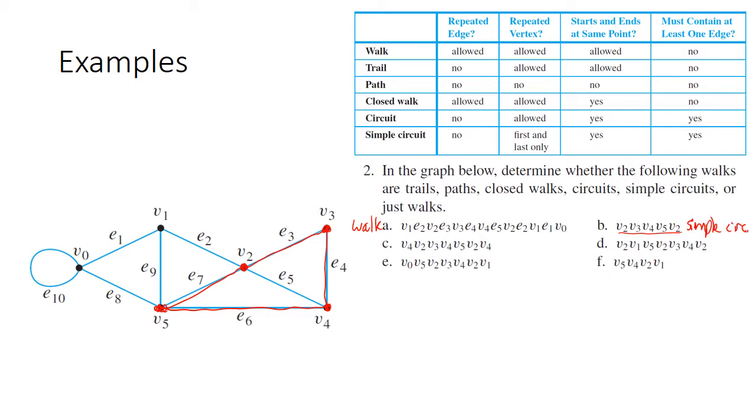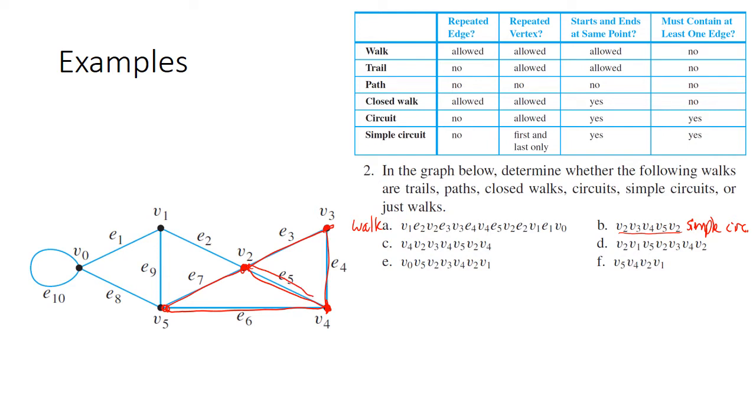Okay, let's look at part C. Okay, so part C, I start at V4, and then I go to V2, so I must have gone up there, and then I'm going to go to V3, so up there, and then I'm going to V4 again. Okay, so I've repeated a vertex, and then I'm going to V5, and then I'm going to V2, all right, I'm repeating that vertex again, and now I'm going to V4.